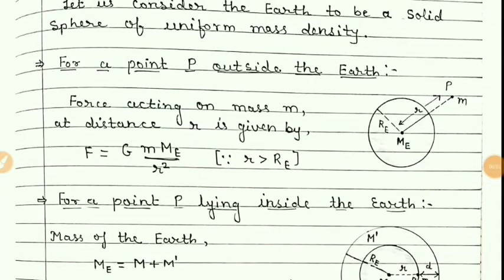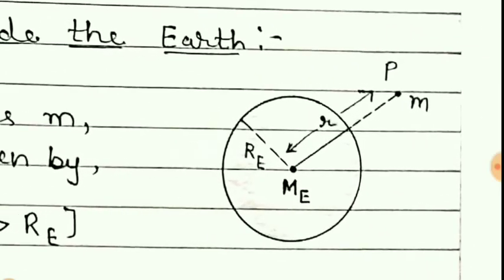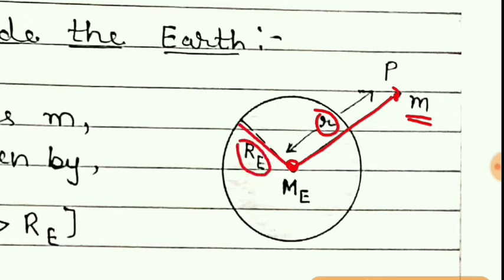Now for a point P outside the earth, you can see here this is a point P where a small mass m is kept. From the center of the earth the distance is small r. This is the radius of the earth, and we know that when any point is outside the earth, the whole mass of the earth is imagined to be concentrated at its center.